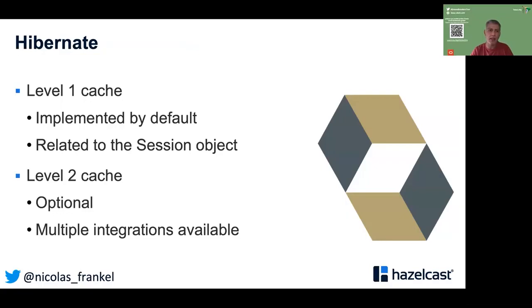The first thing to know is that in Hibernate there are 2 levels of cache. The first level is implemented by default and is related to the session object. If you have a session, make a query, and make the same query with the same session object, then you will read from the cache of the session object.